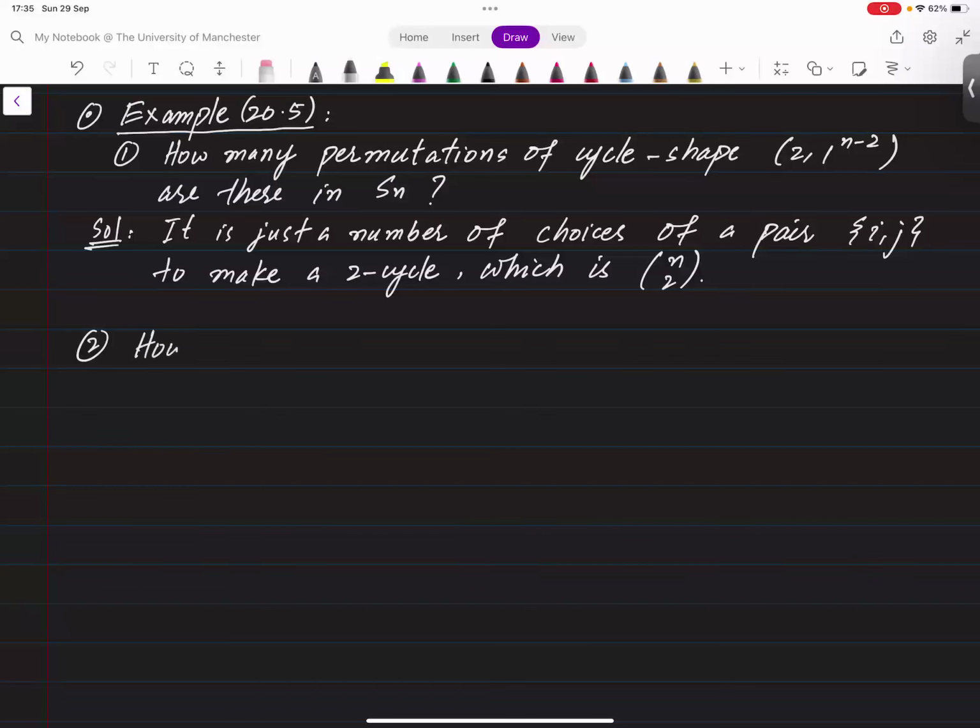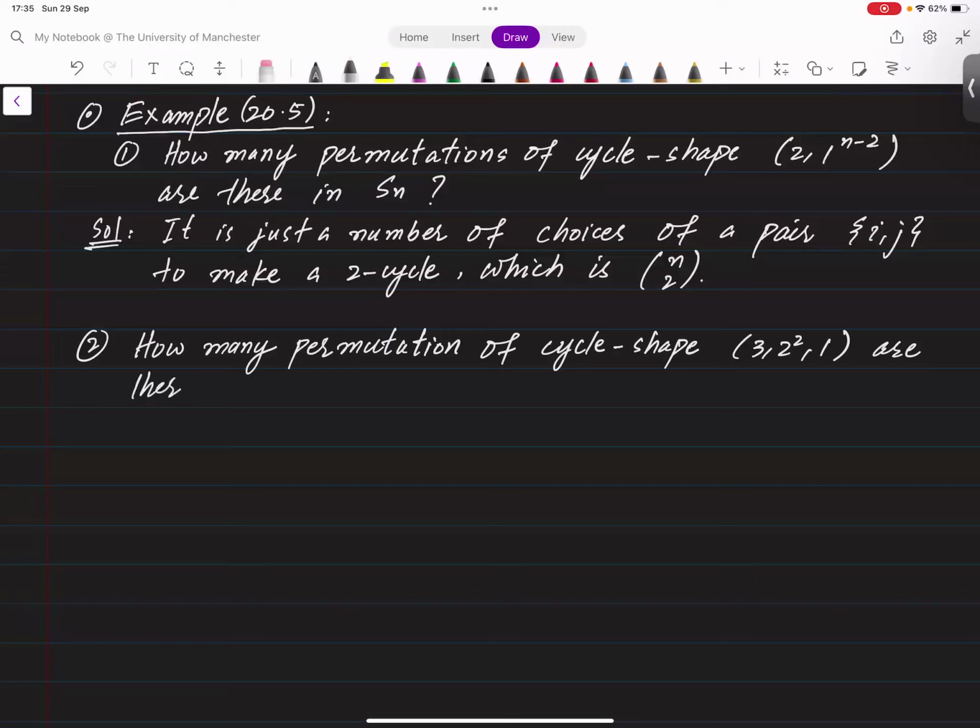So let's ask how many permutations of cycle shape 3 2 squared 1 are there in the set Sn. So this is slightly more tricky.